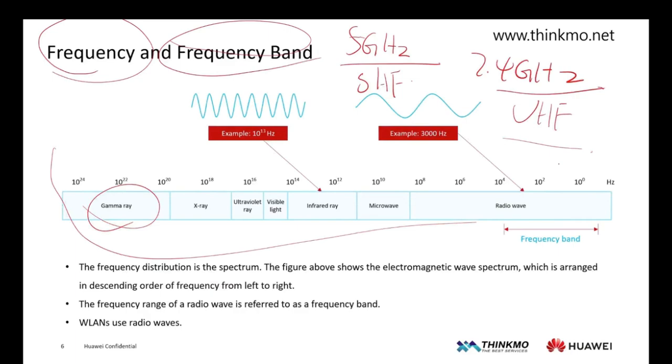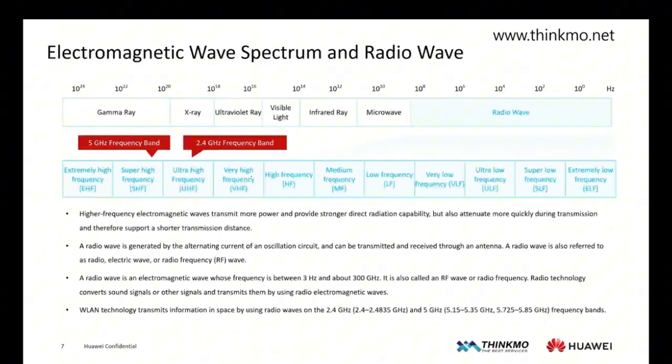Let's take a moment to look. 5G is in this location, and very high frequency, VHF, is 2.4 GHz. 5 GHz.